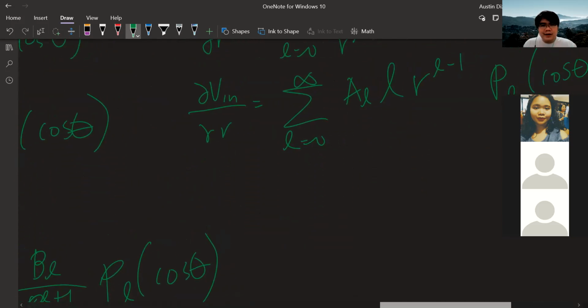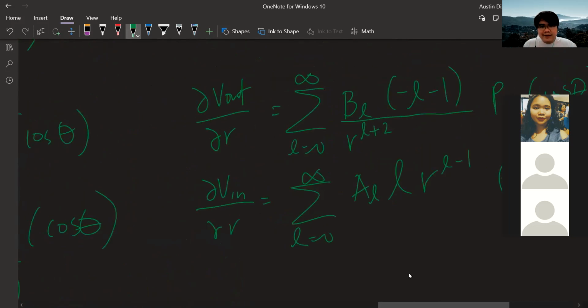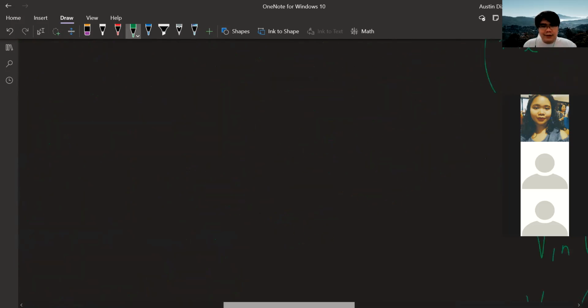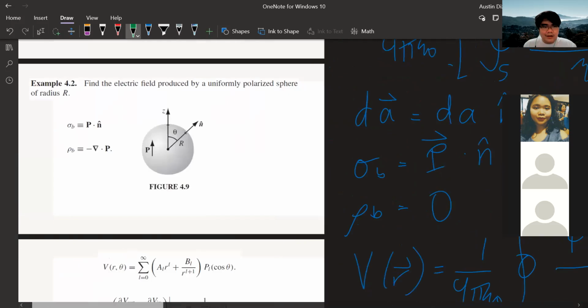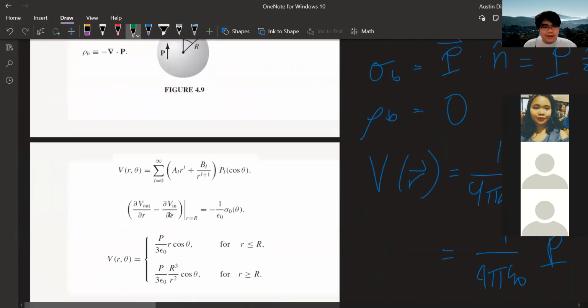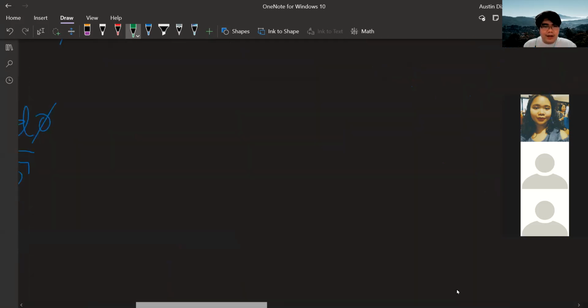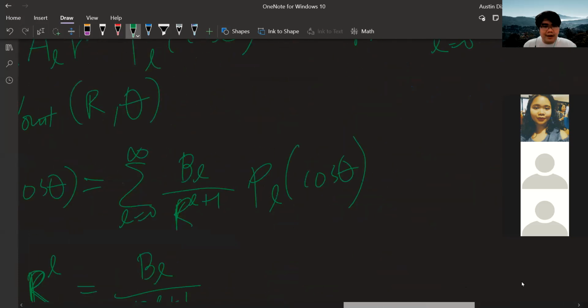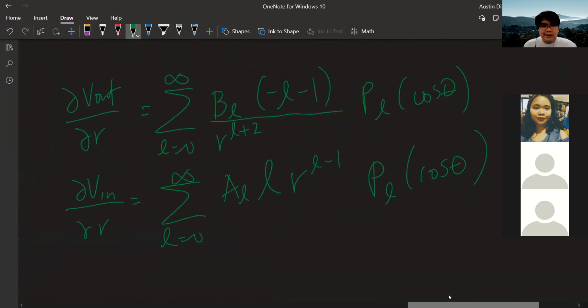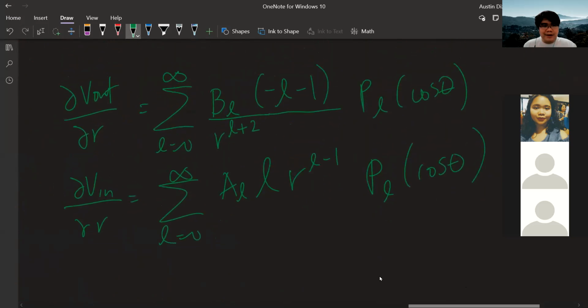Okay. Okay, so we have this. Now we do the boundary conditions, which is subtracting those two and evaluating at R is equal to capital R. Okay, and that is all equal to negative sigma over epsilon. Okay. So out minus in, di ba?